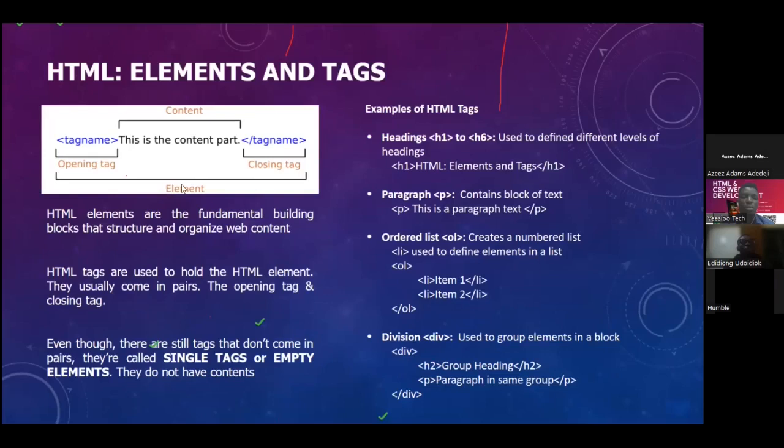This forms an element itself. And this is a full element, like I said. But we have elements that don't have a closing tag and they don't have content. The only thing they have is just the opening tag and an attribute. Those are single tags. And I have not used any of them in my work.